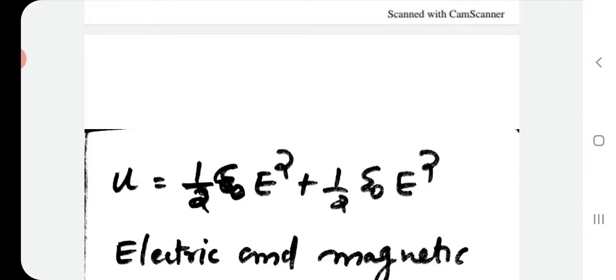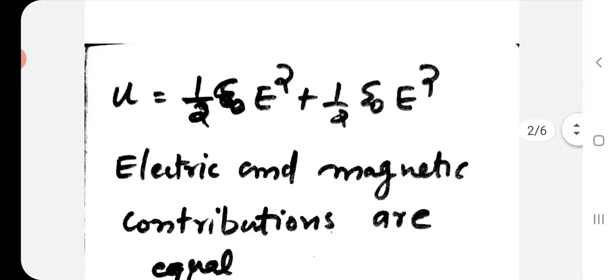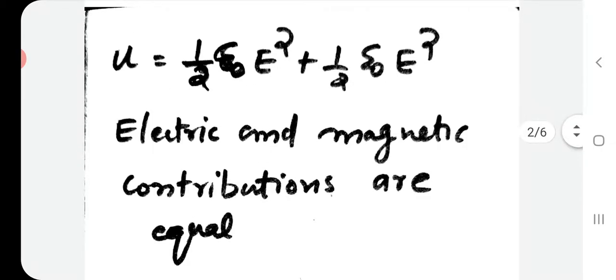So the magnetic field contribution is the same as the electric field contribution, because both are equal to half epsilon 0 E square. So U, the energy density, the energy per unit volume, is half epsilon 0 E square, the electric contribution, plus the magnetic contribution, half epsilon 0 E square. Both electric and magnetic field contributions are the same, they are equal.